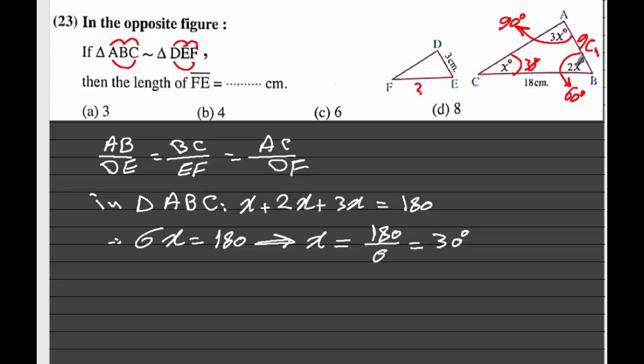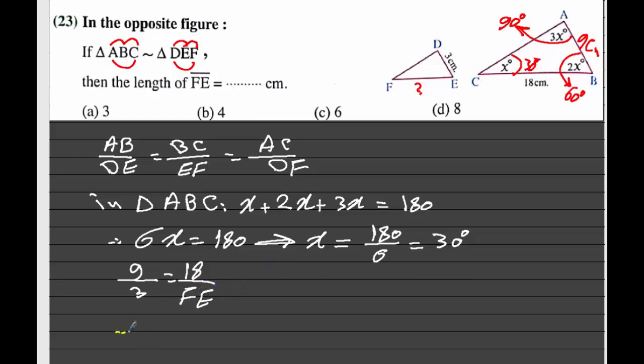Also we have the corresponding sides are proportional, so 9 over 3 equals 18 over the length of FE. It is the required, right? And now we will calculate FE using cross multiplication.